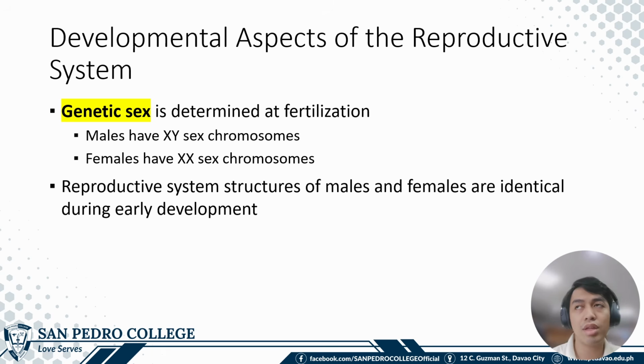So for example, it can either be X or Y. If the resulting zygote has X and Y chromosomes, the resulting embryo or fetus will become a male. If the zygote has XX sex chromosomes, the resulting embryo or fetus is a female.